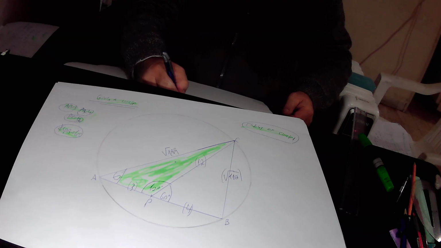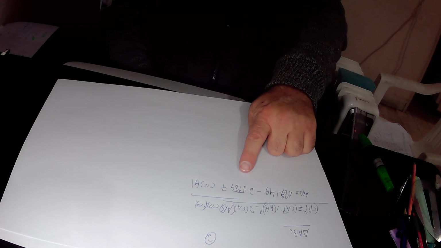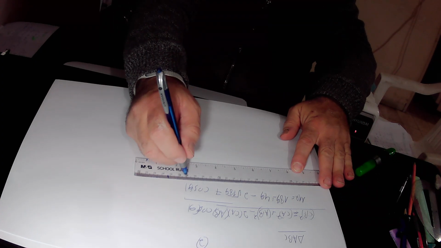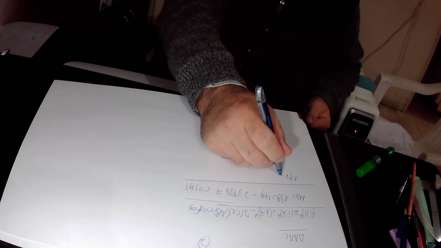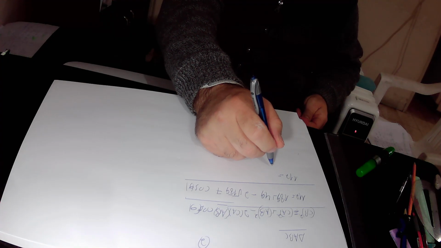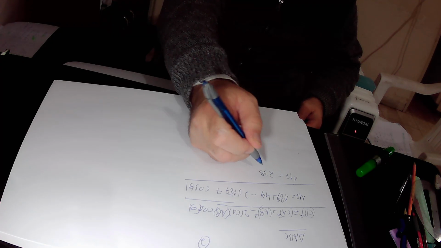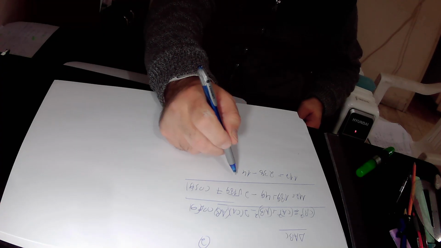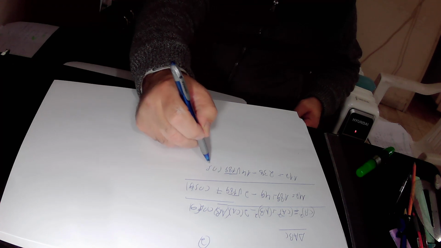So we found out that 112 equals 189 plus 49 minus 2 times the square root of 189 times 7 times cosine alpha. So 112 equals 189 plus 49 is 238. Here we have minus 2 times 7 is minus 14 times the square root of 189 times cosine alpha.